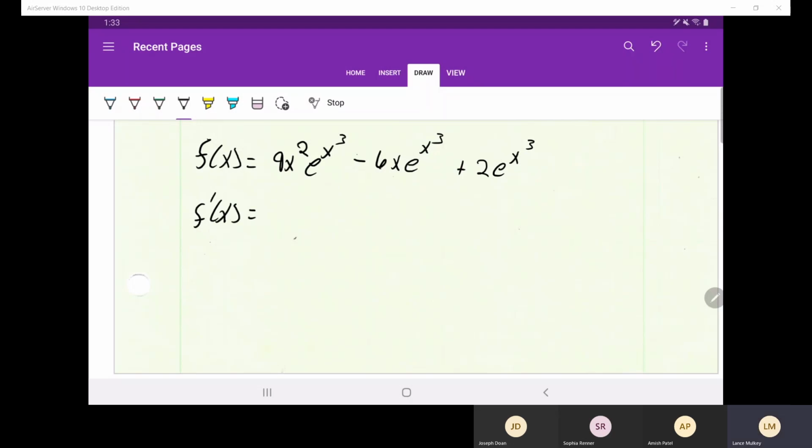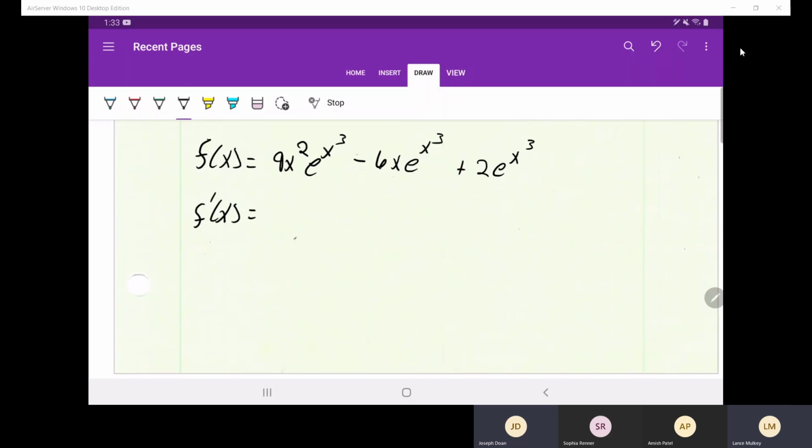All right, so what do we do here? Any suggestions? You just do the product rule.